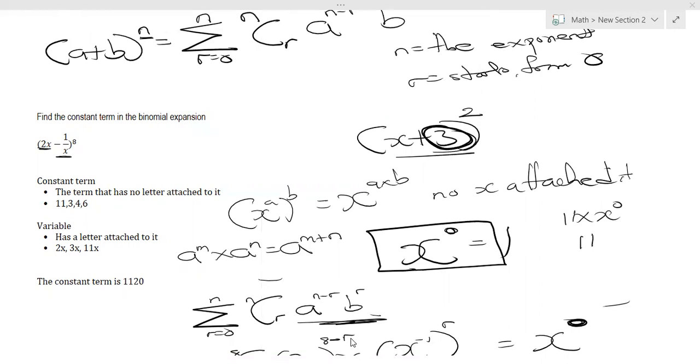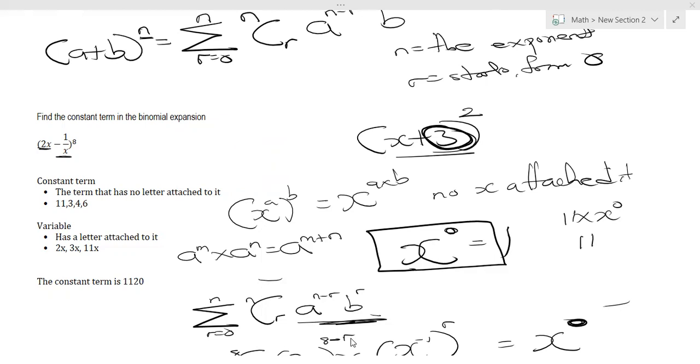So let me just try this. In the previous video I talked about the symbolab tool. So let's just check to see if this is actually correct.